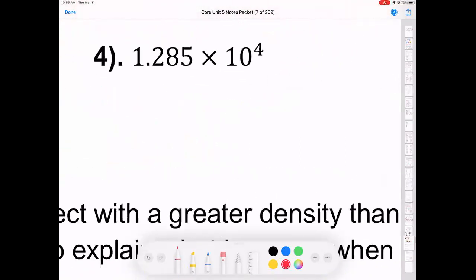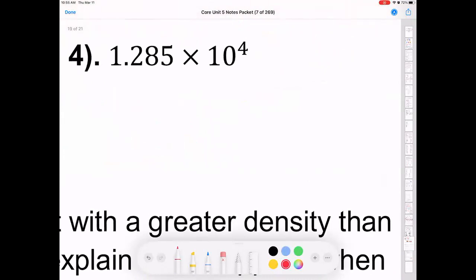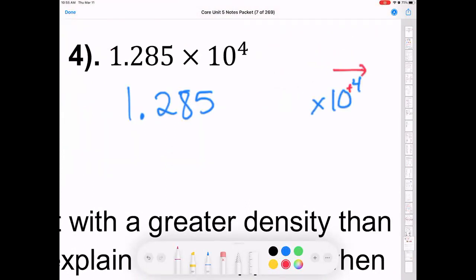And then for number 4, 1.285 times 10 to the 4th power. We do see that we have a positive 4 here, so we are going to the right 4 places. Taking our decimal, moving it over 4. 1, 2, 3, 4. And then throw a little 0 there anywhere those extra bumps are.